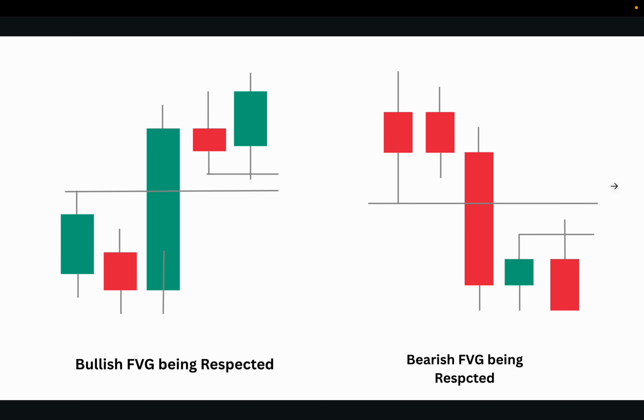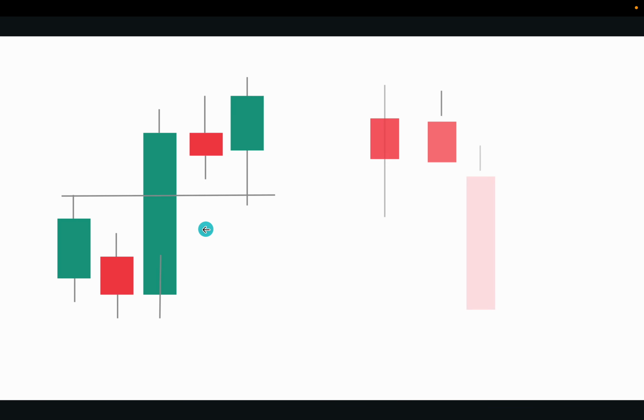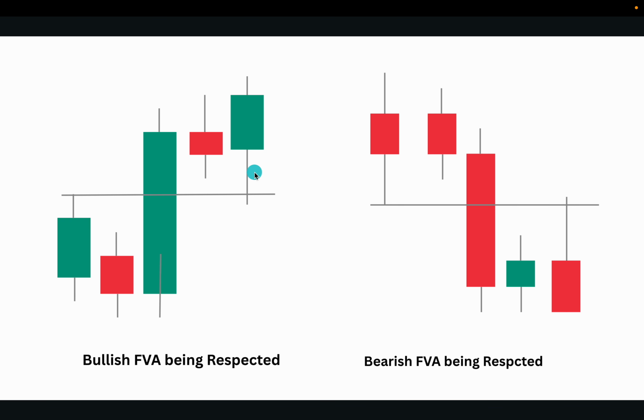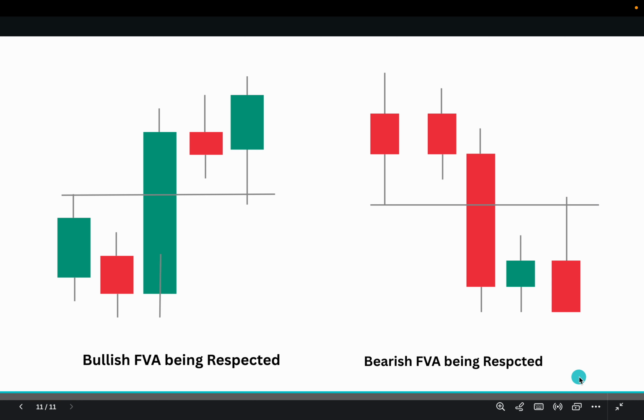Sometimes the respect candle can respect the fair value gap, or it might come a little lower and respect the fair value area, or in the case of a bearish scenario, this respect candle can come a little higher to offer the fair value area and then continue the downward journey.